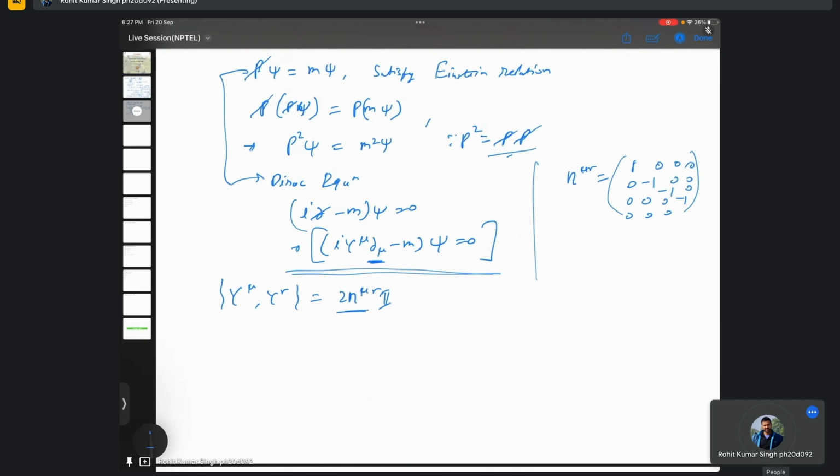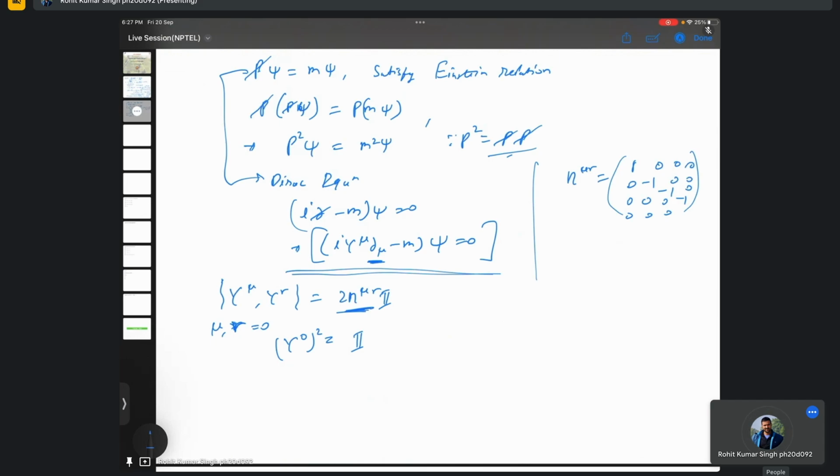Now try putting mu and nu equal to 0 in this above equation. This will give you gamma 0 square is equal to just the identity matrix, because eta 0 0 is just 1, right?